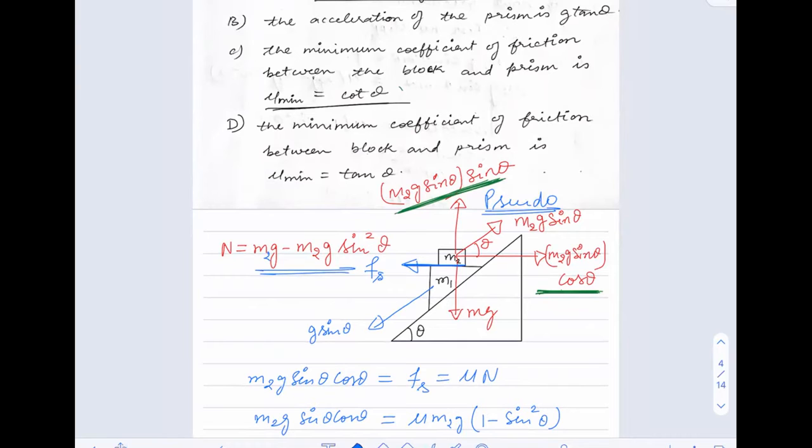So the mu value will be tan theta, I got one answer. And what will be the acceleration of the prism here? It is right in front of you on the screen. I got only one answer.